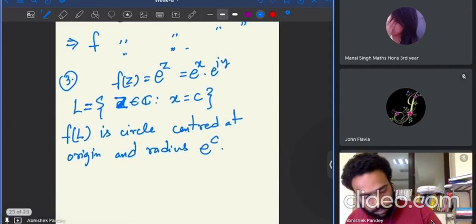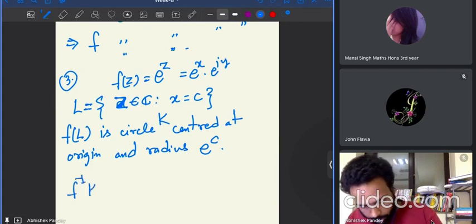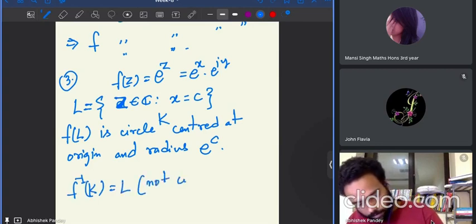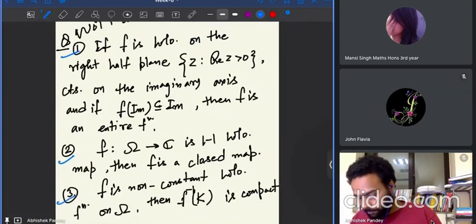Now let us say K is this circle, so K is compact. So f inverse of K is basically L. So L is not compact. So this option is also not true.